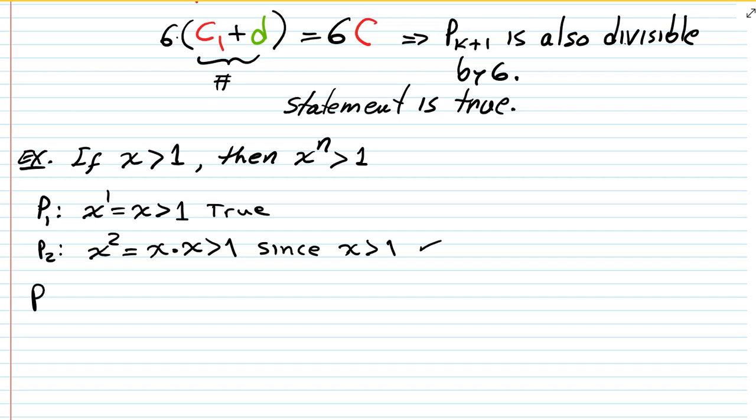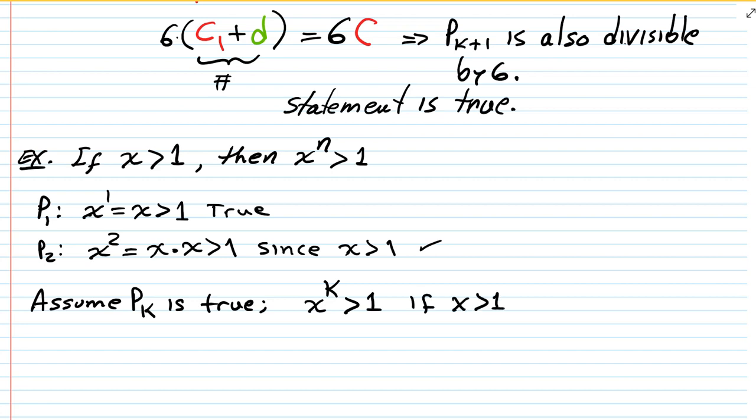Now, the induction hypothesis. Let me put in my general format. We're going to assume P sub k is true. What do we mean by that? That means x to the k power is greater than 1 if x is greater than 1.